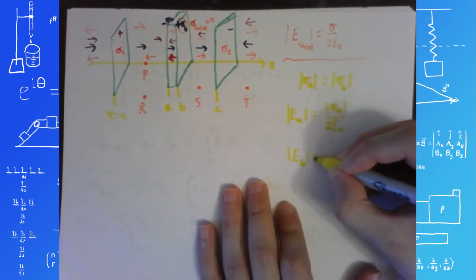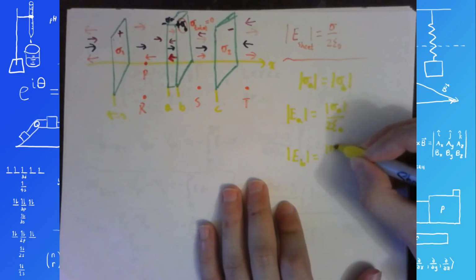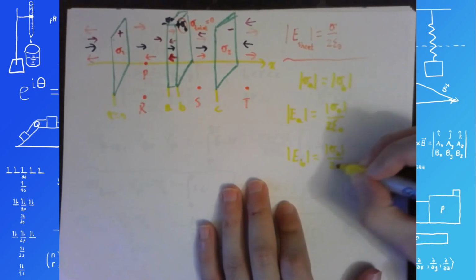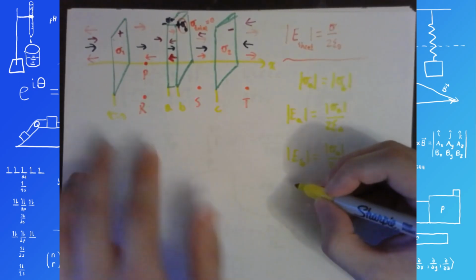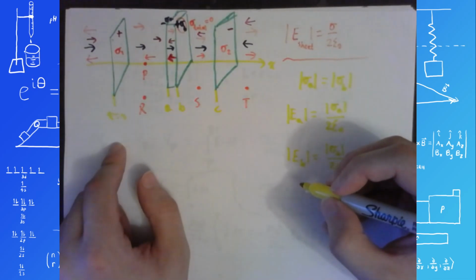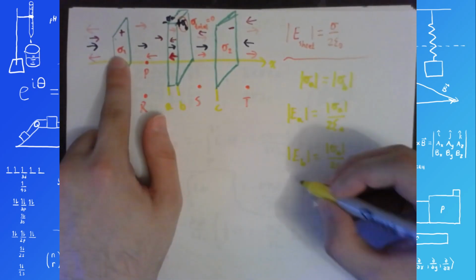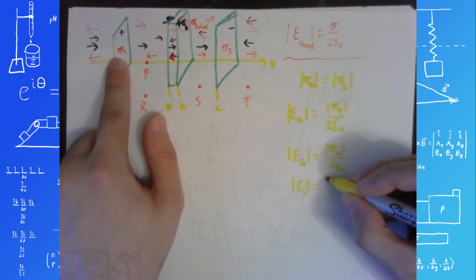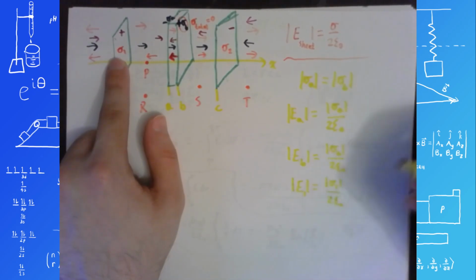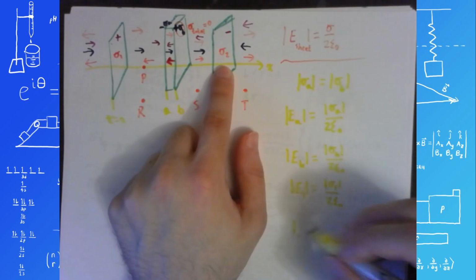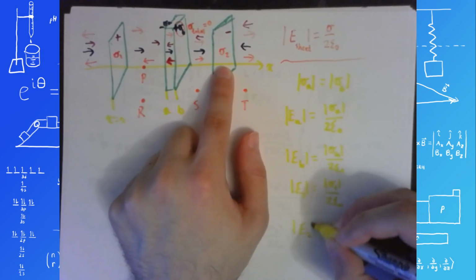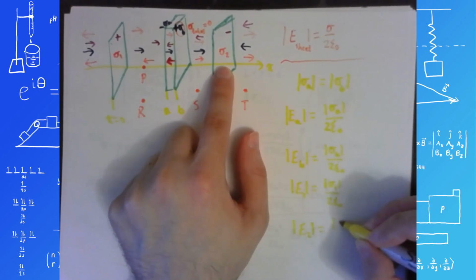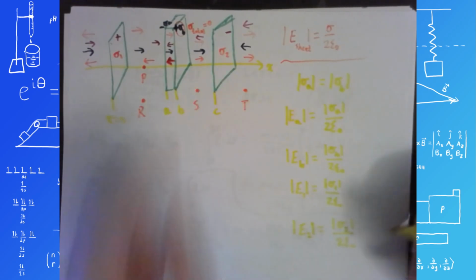EB, similar, is sigma B over 2 epsilon naught. And then E1, because this is sigma 1, equals absolute value of sigma 1 over 2 epsilon naught, and E2 equals absolute value of sigma 2 over 2 epsilon naught.